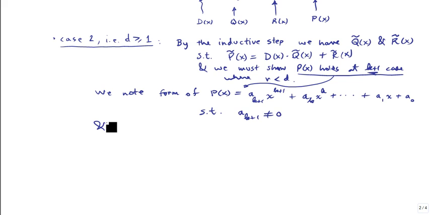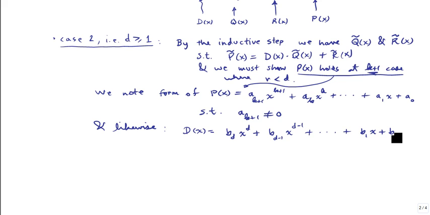And likewise, my divisor polynomial, I could say, is of the form B sub D X to the dth power plus B sub D minus 1 X to the D minus 1 power plus dot dot dot plus B sub 1 X to the first power plus B sub 0, such that the B sub D coefficient has to also be different from 0.